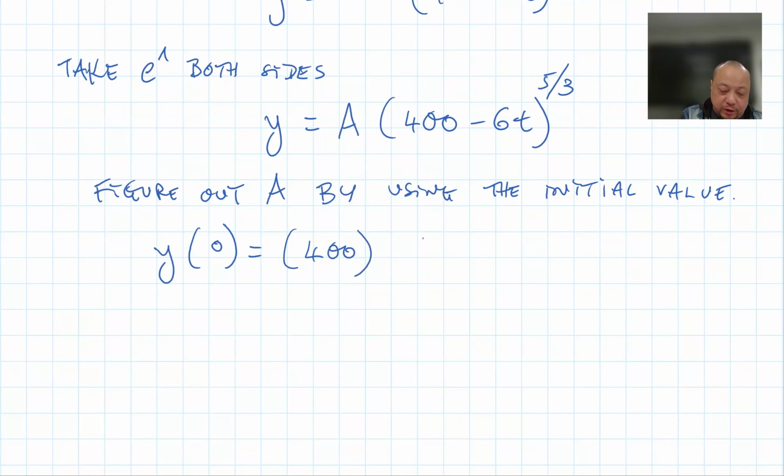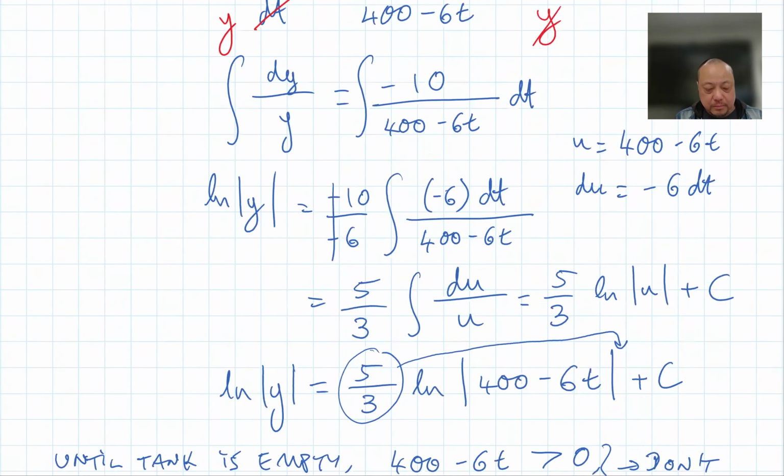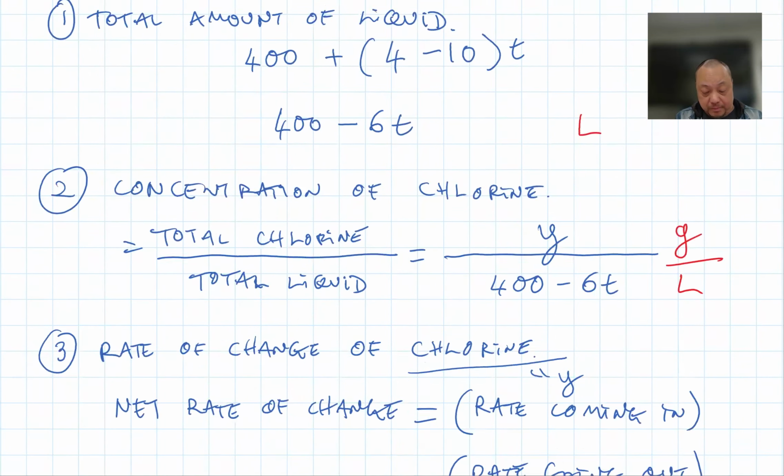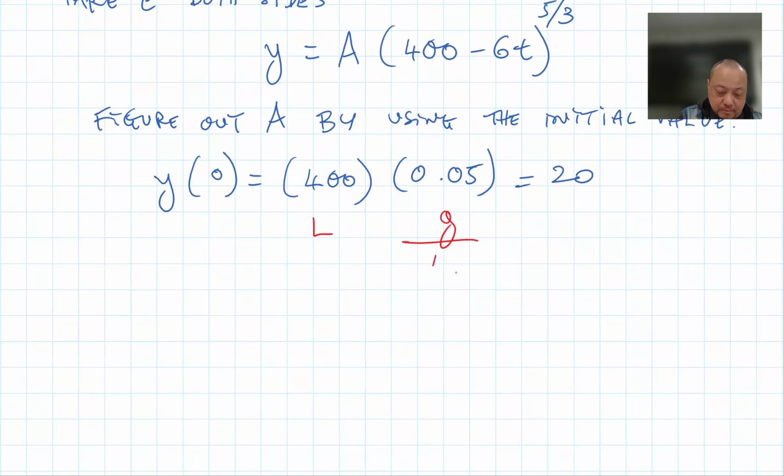It's 400 times 0.05 and it equals 20. Well, let's check units. 400 is liters. And 0.05 is grams per liter. So when I multiply like that, the L's cancel and I have just grams.